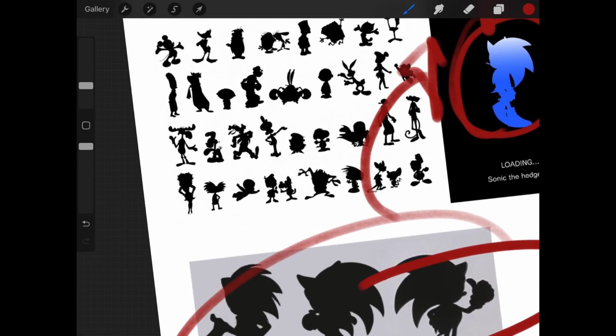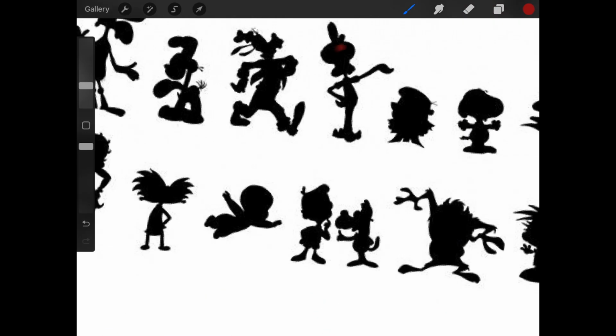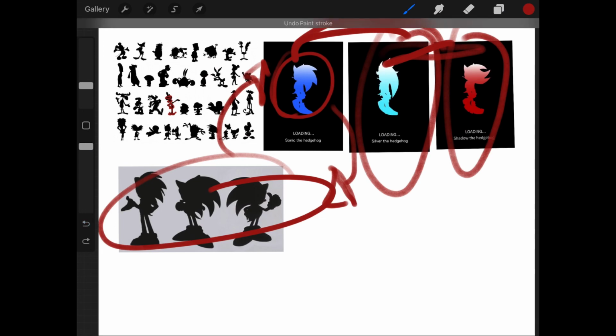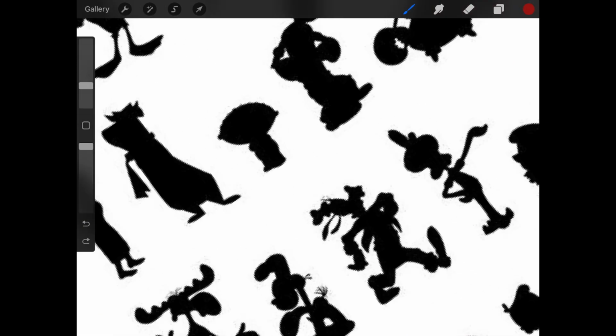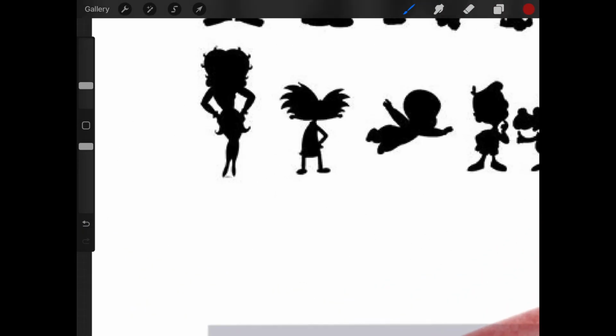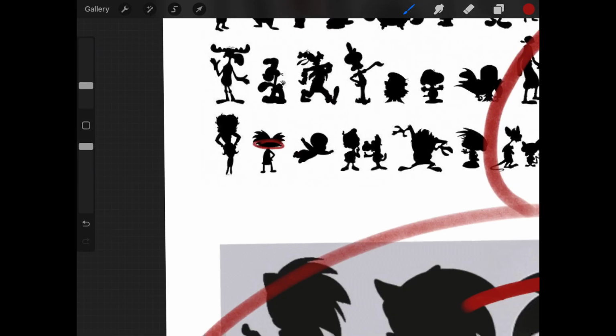Same with a lot of the characters here. You can tell by the basic shapes what character is what. For example, Stewie right here has a football head, but you know who also has a football head? This guy, Arnold.